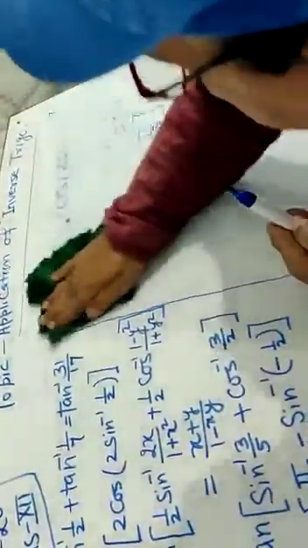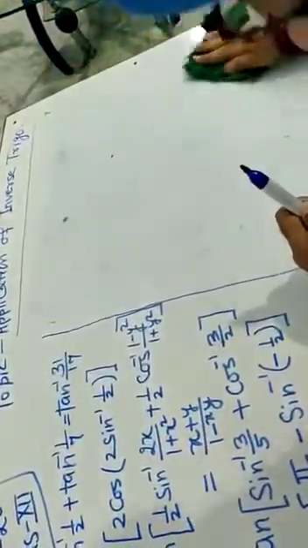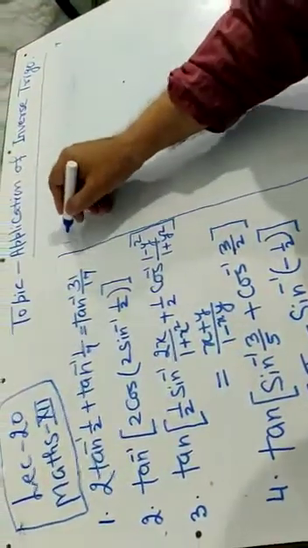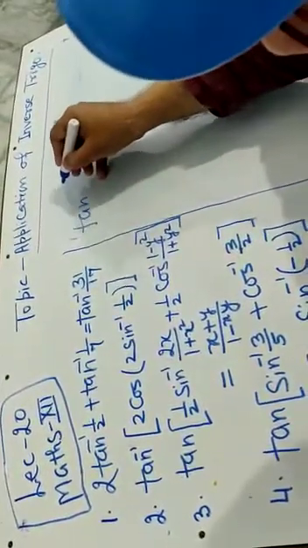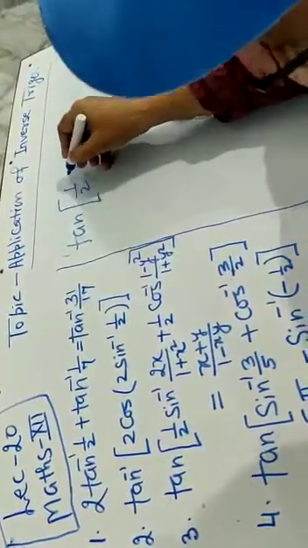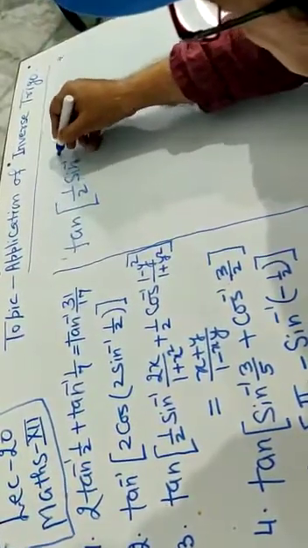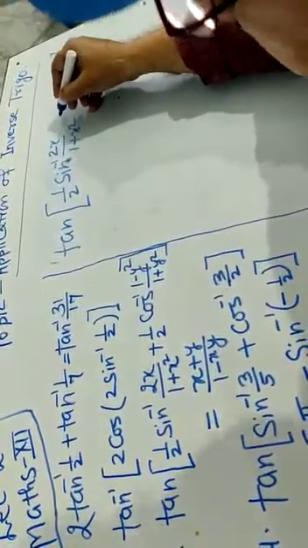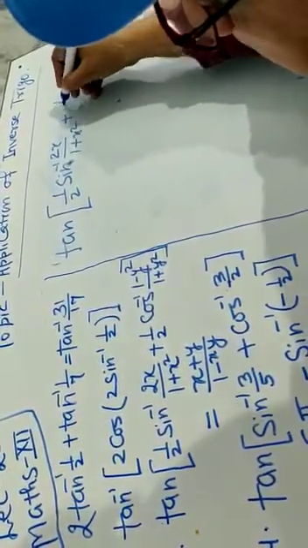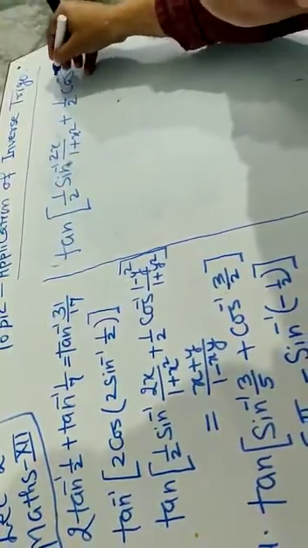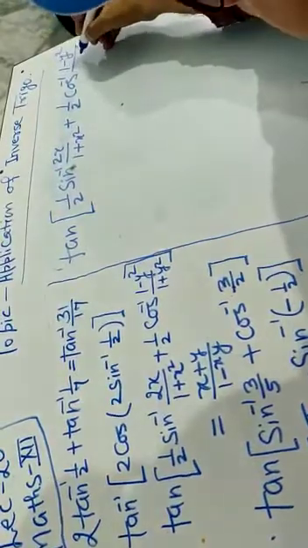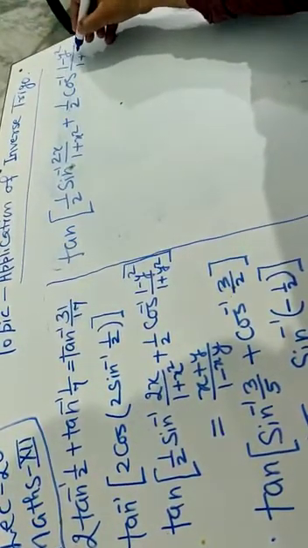Now the third question: tan of [1 by 2 sin inverse 2x by 1 plus x squared plus 1 by 2 cos inverse (1 minus y squared) by (1 plus y squared)].